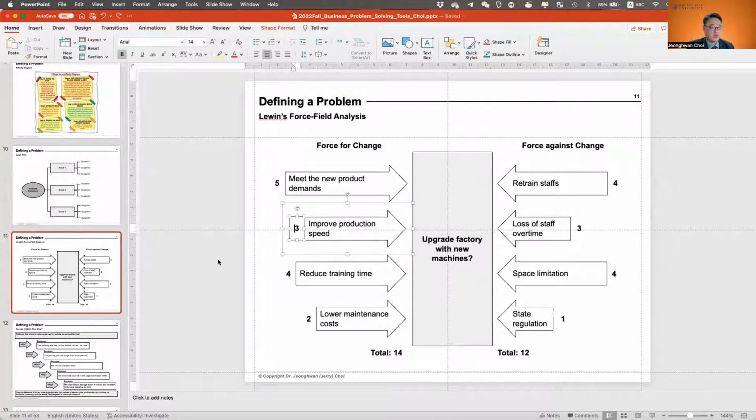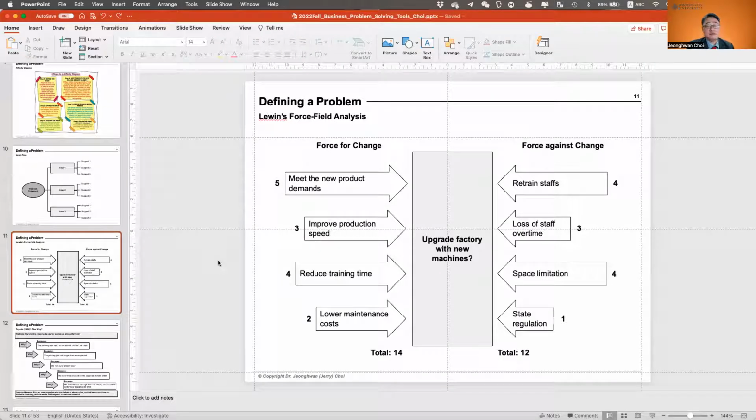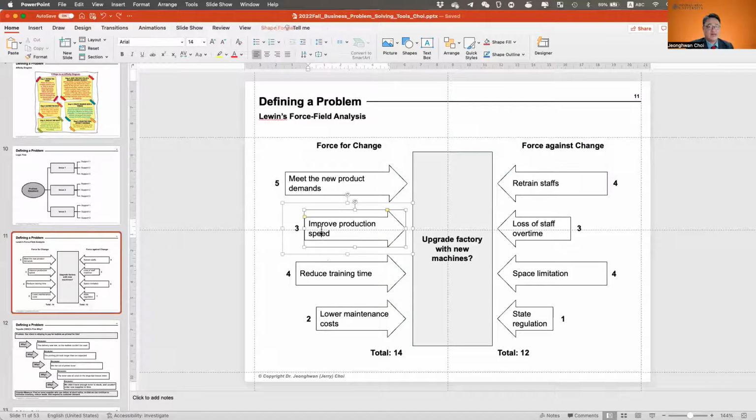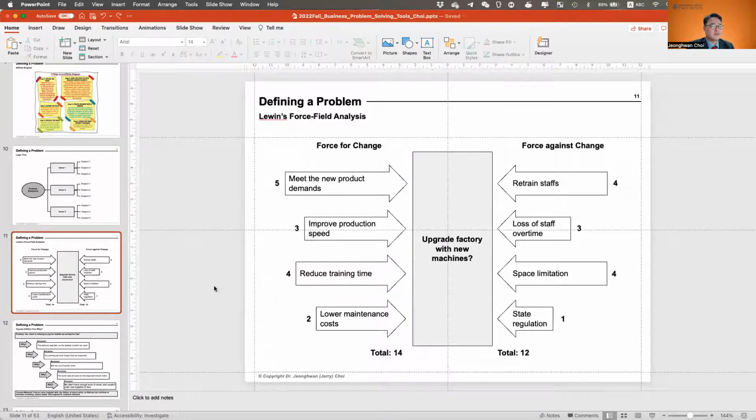And probably I can meet the production speed by pushing more people or giving more people salary. However, I need to reduce the training time because I'm producing diversified, totally different products from the same production line. I must train people to change the product, but it's not easy.